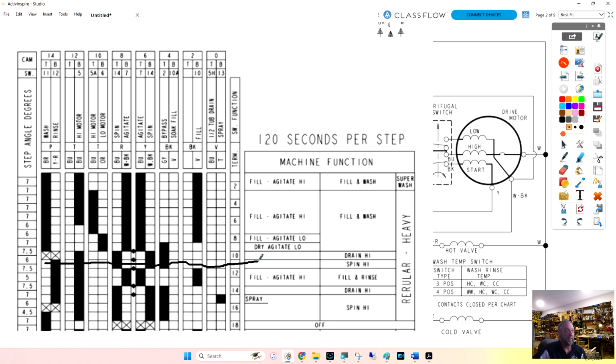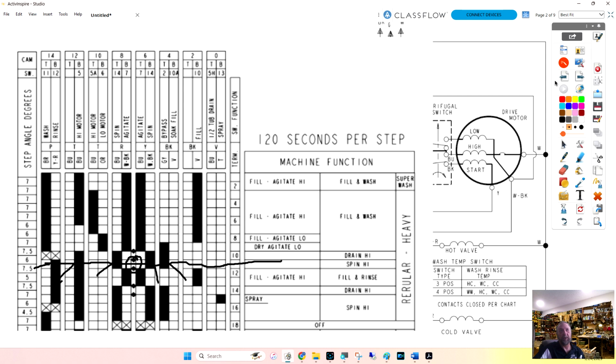Okay, so I'm in high speed spin. First of all, how many switches are closed? 1, 2, 3, 4, 5. Actually, there's 6. Look at this, I picked this cycle on purpose.